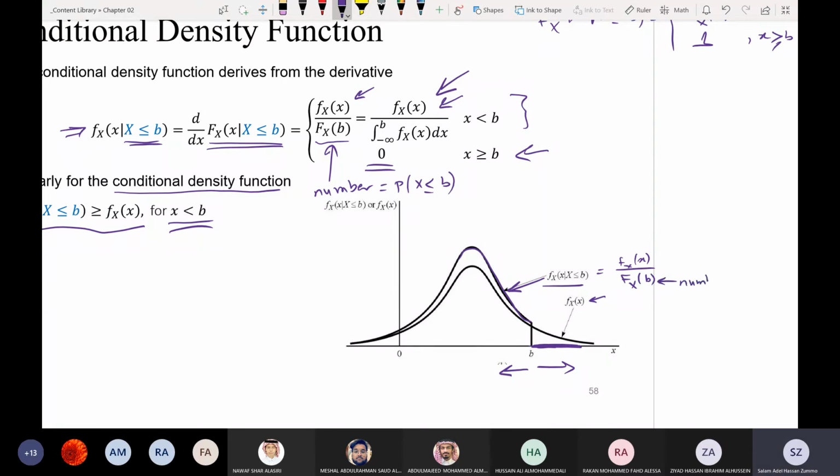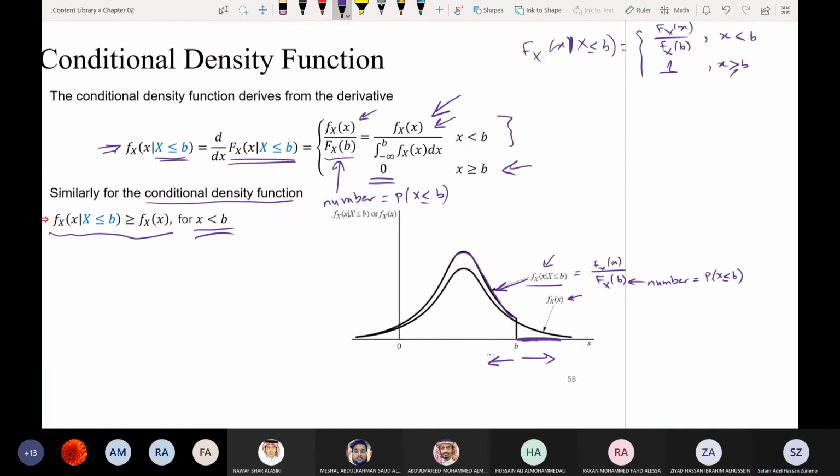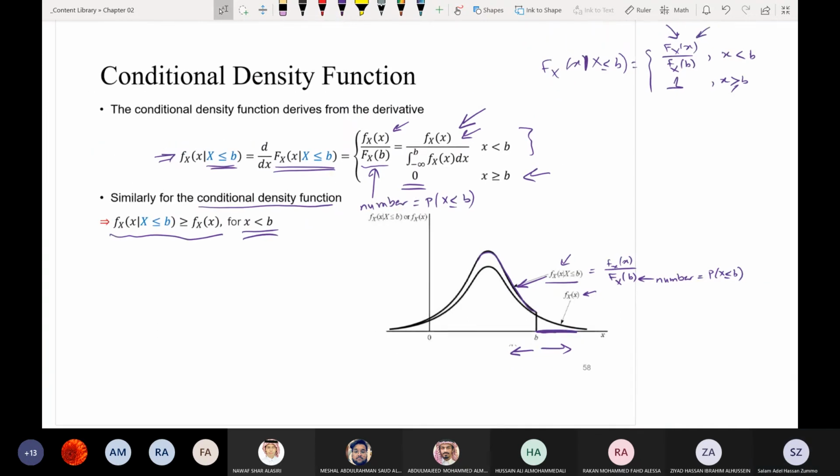I'm just أذكركم كل شوي إنه هذا رقم equals probability that x less than or equal to b. And because it's a probability, it's less than 1, and hence this is larger function. Any questions, شباب? Everything is clear? إن شاء الله.